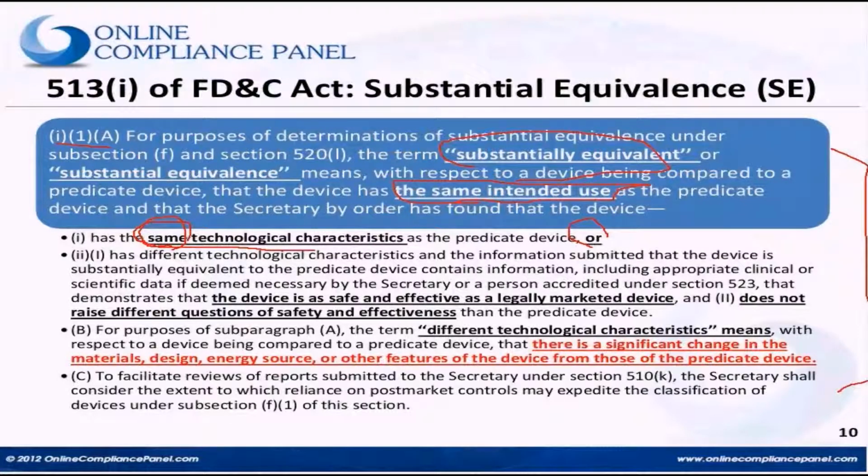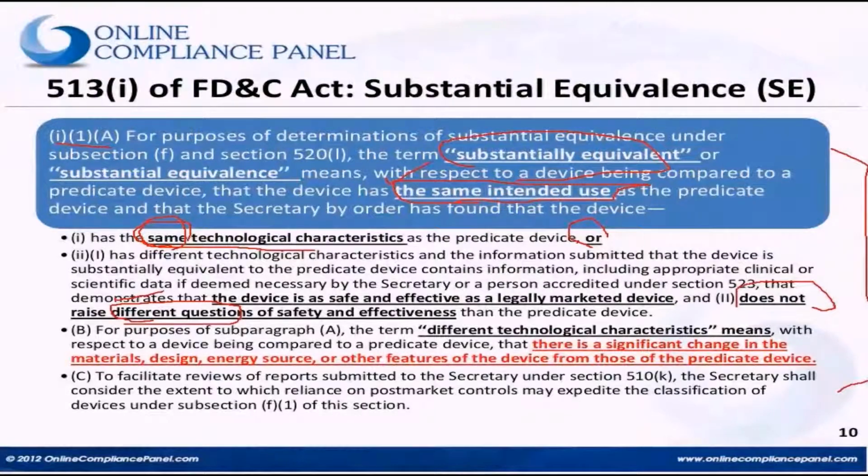And it does not raise different questions, right here. But currently the FDA review is still based on different types of questions, not different questions. The guidance document that was issued last December exactly uses the same language here: same intended use, and raises different questions.